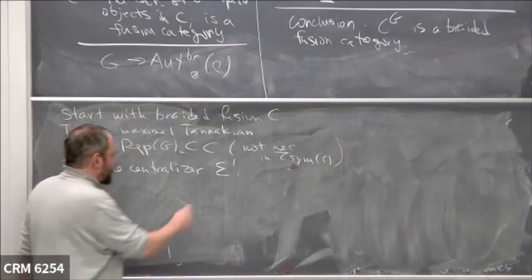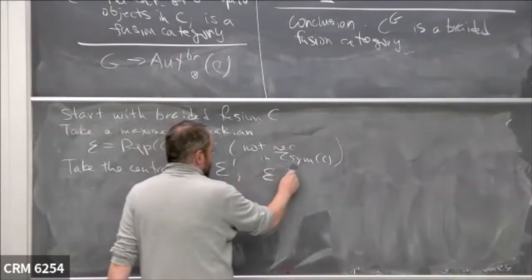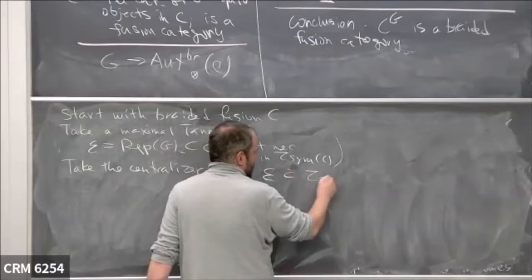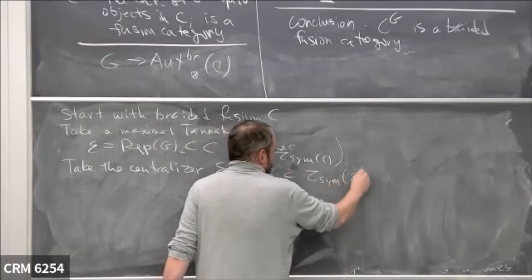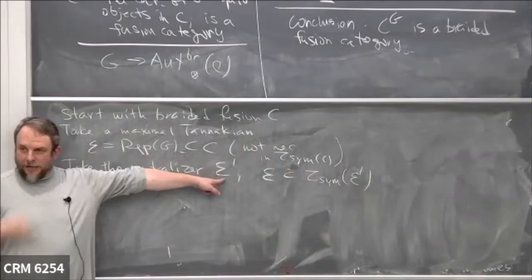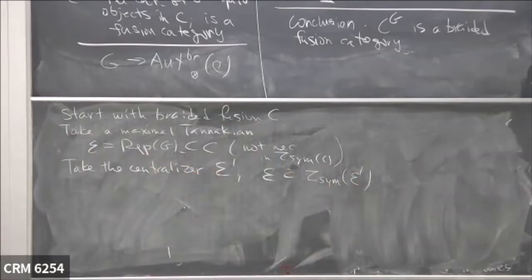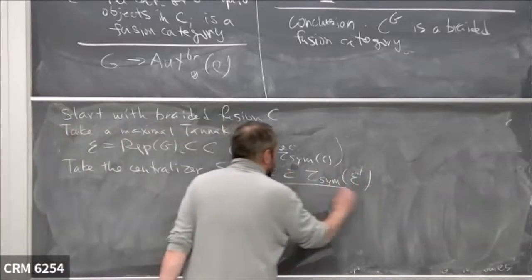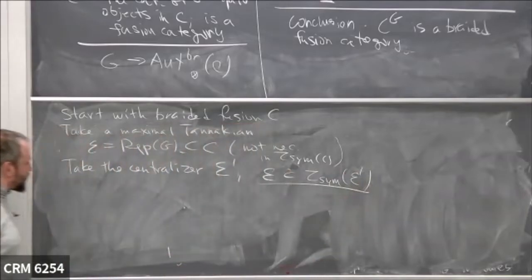So by definition, E is contained in E prime, and it's contained in the symmetric center of E prime naturally, right? Because things in E centralize everything in E prime. So now we can perform the equivalentization in this setting, right?